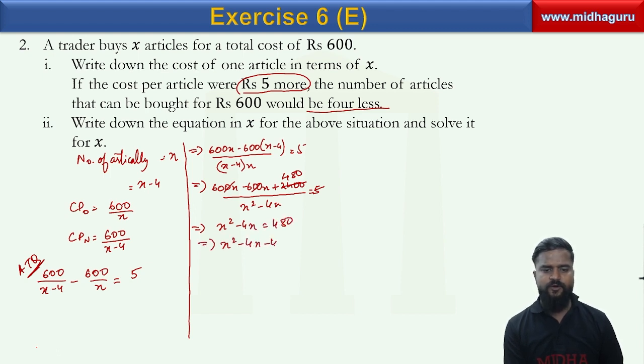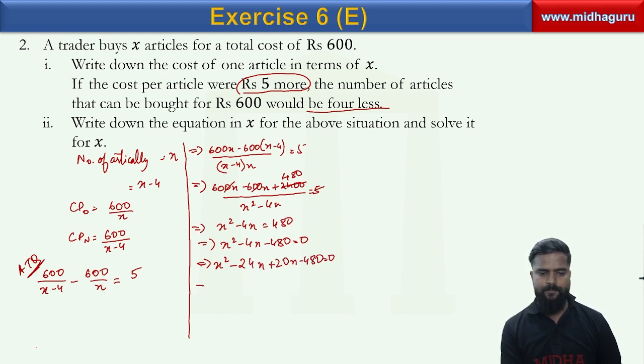So x square minus 4x minus 480 is equal to 0. So now we split minus 4 such that the product is minus 480 and the sum is minus 4. Yeah, 24x plus 20x minus 480 is equal to 0.